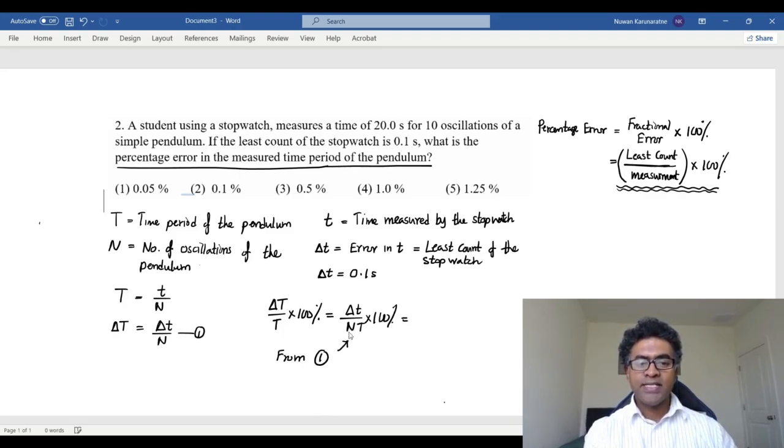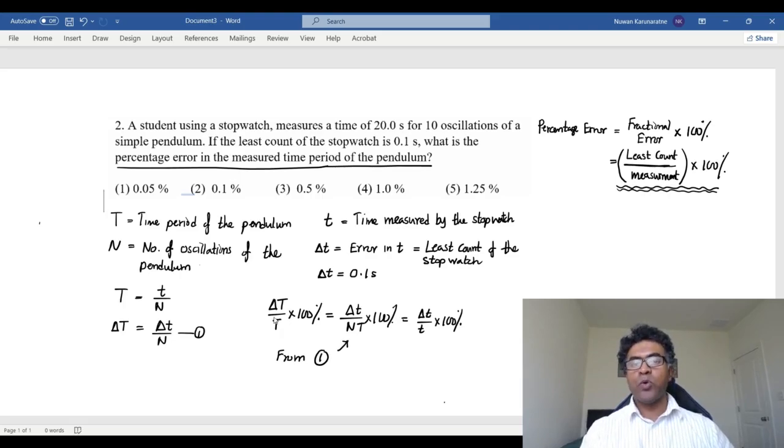But what is N times T? Look at the denominator, the number of oscillations times the time period. That's the time measured by the stopwatch. So delta lowercase t divided by lowercase t times 100%. What you can see is that the percentage error of the time period of the simple pendulum is equal to the percentage error of the time measured by the stopwatch.